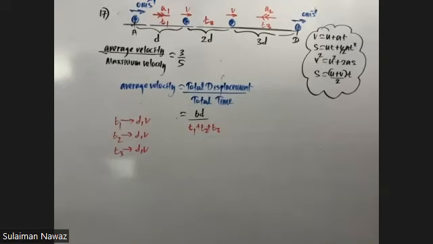Not only finding T1, T2, T3 in terms of D and V, get the final answer. Now if you found T1, T2, T3 in terms of D and V, then substitute in the average velocity equation. Substitute and I need the final proof. Finally, you just show that average velocity over maximum velocity is 3 over 5.